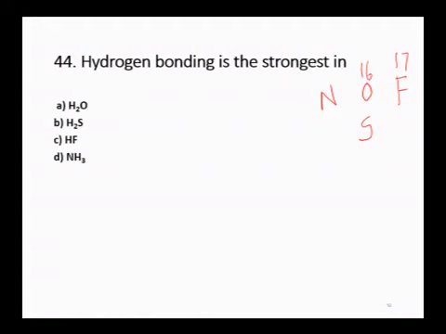As you know, hydrogen bonding takes place with highly electronegative elements. Among these four elements, fluorine has the highest electronegativity, then oxygen, then nitrogen. Sulfur does not form hydrogen bonds. So among the options, water, H2S, hydrogen fluoride and ammonia, HF is the strongest in hydrogen bonding. So the answer is C.